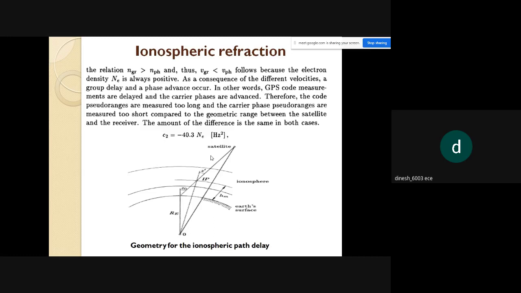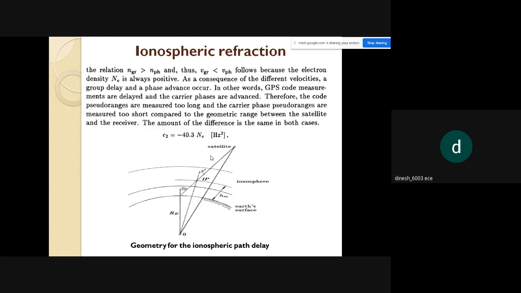So we get this relation. As a consequence of different velocities, a group delay and a phase advance occur, or you can say that the GPS code measurements are delayed and carrier phases are advanced.